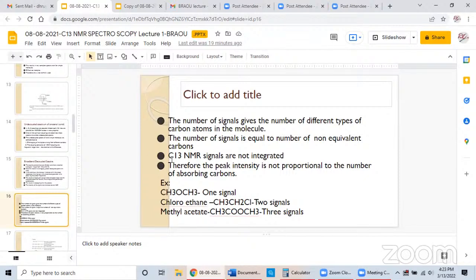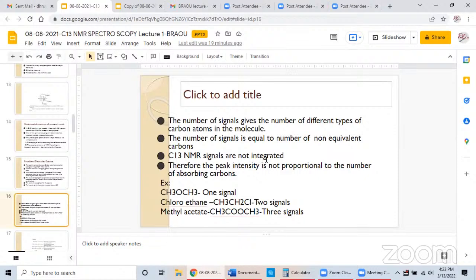Another point is that C13 NMR signals are not integrated, because the experimental technique is different, unlike proton NMR. In proton NMR, you can observe integral curves because the area under the integration is directly proportional to the number of protons present in the given signal, in the given set. That is why integration curves are very important.